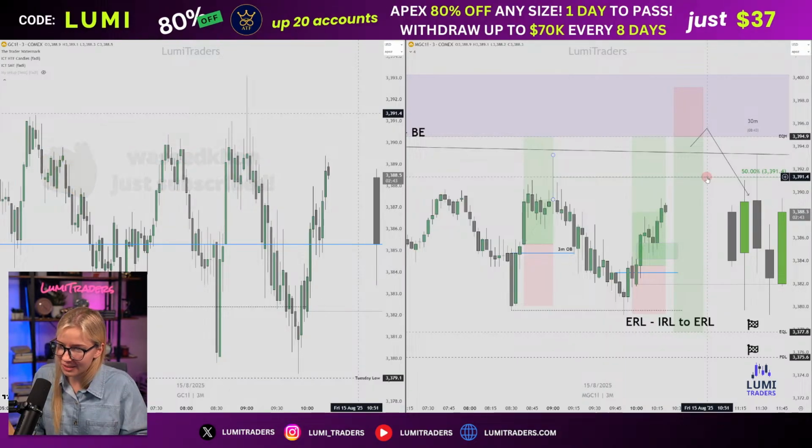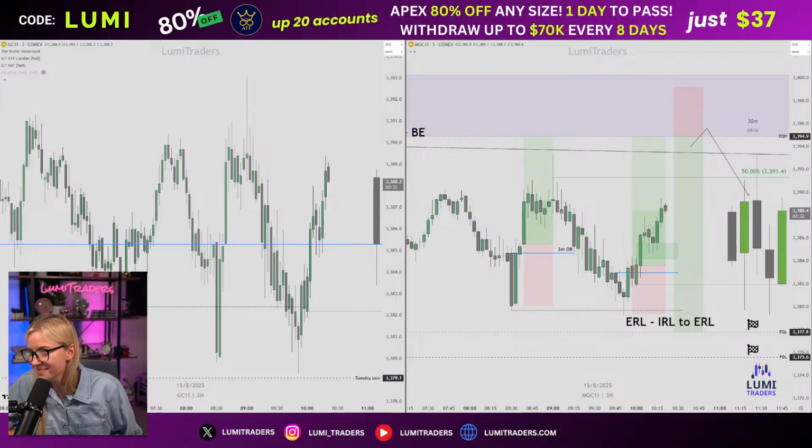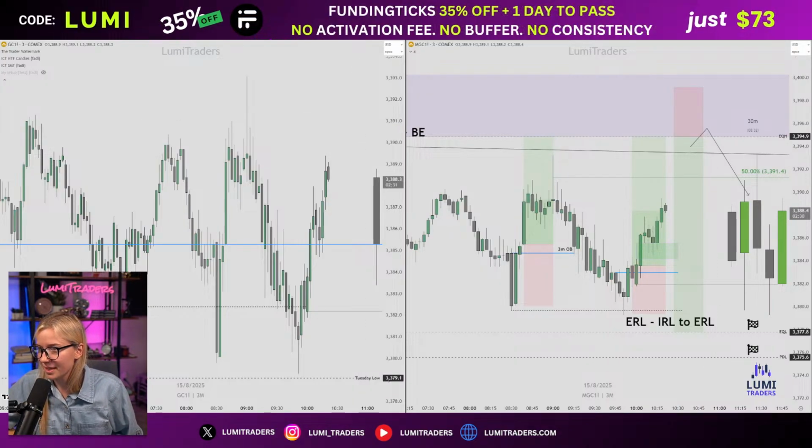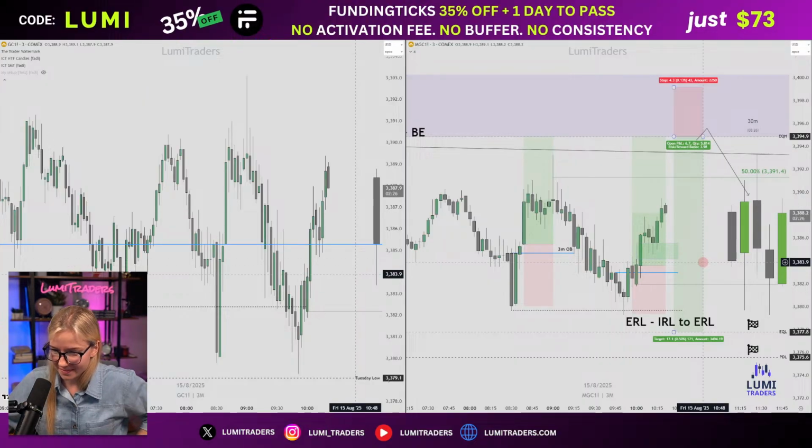I don't know why it's so cold at 37 degrees at 5 a.m. Yeah, it feels extremely cold.